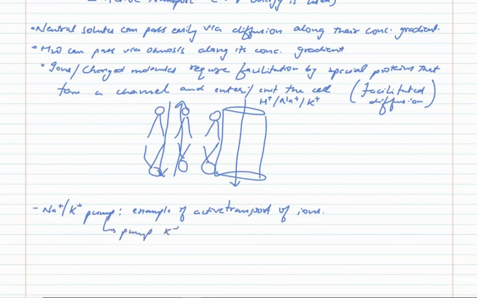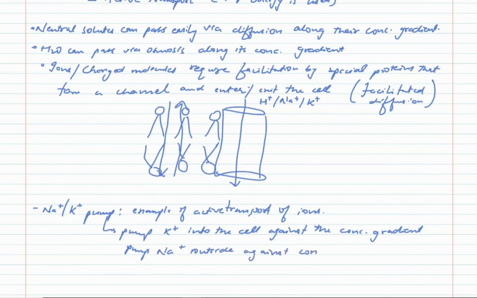So the ion pumps pump K+ into the cell against the concentration gradient, and they also pump sodium outside, against the concentration gradient. So this is how active transport is achieved.